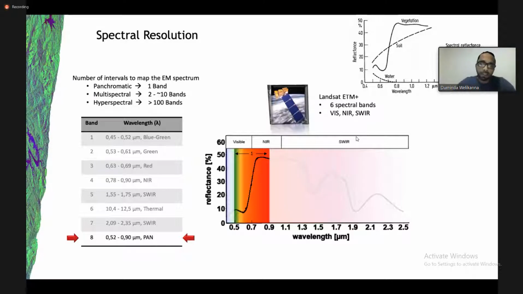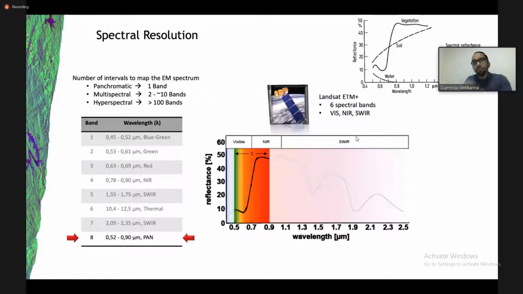Now I said spatial resolution, geometric resolution, and I said the radiometric resolution as well as temporal resolution. Then the next element that you have to know is spectral resolution. I said in the start that remote sensing can be divided depending on the sensors, where they are working on the electromagnetic spectrum. So when you take a satellite image, I said this image has pixels, each with a DN value.